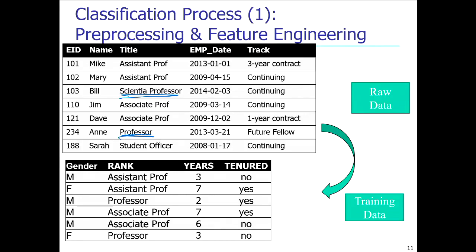And from the employment date, we can extract year. Okay? In theory, you can extract a month, right? How many months you have worked here, or how many days, or even how many minutes you worked in UNSW, right? Okay, so again, if you know some background, you probably know that a year is a good choice between how much information you have and how messy it becomes, okay?